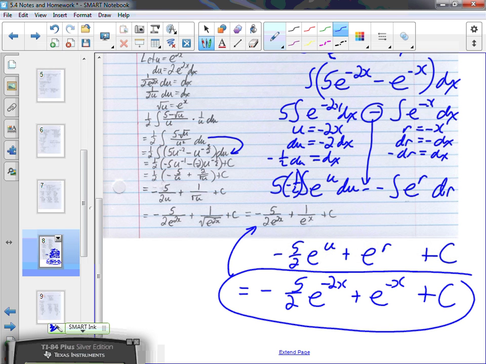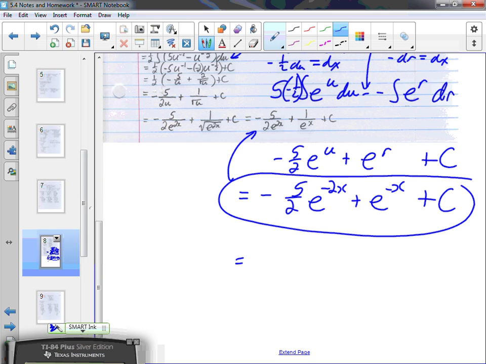Can I turn that into that? You betcha. So negative 5 over 2 e to the 2x plus 1 over e to the x plus c. Wow, a free other method. I didn't charge you a thing to show you that other one.